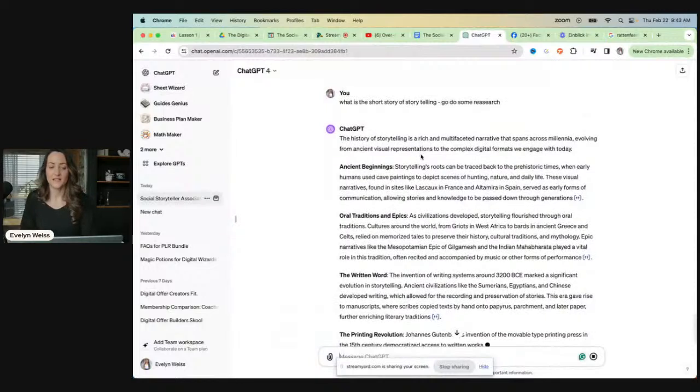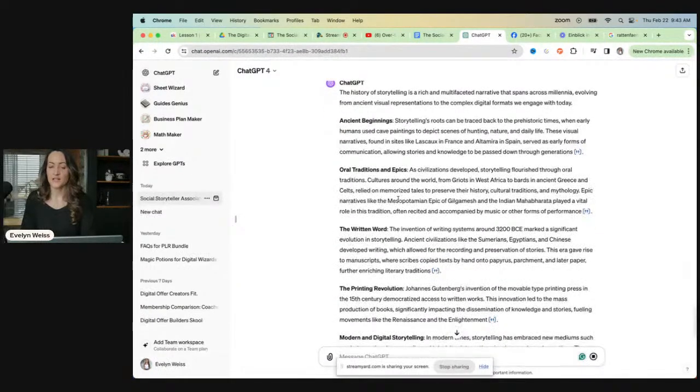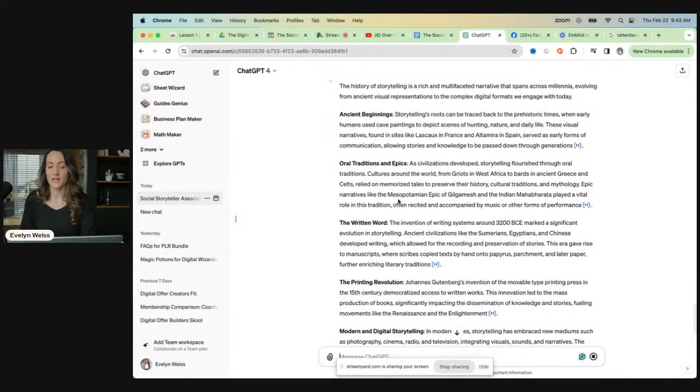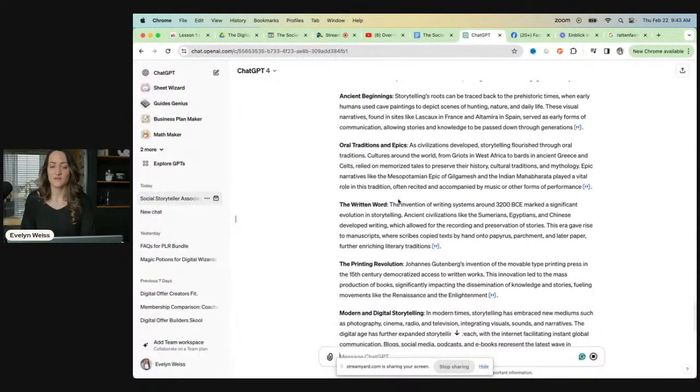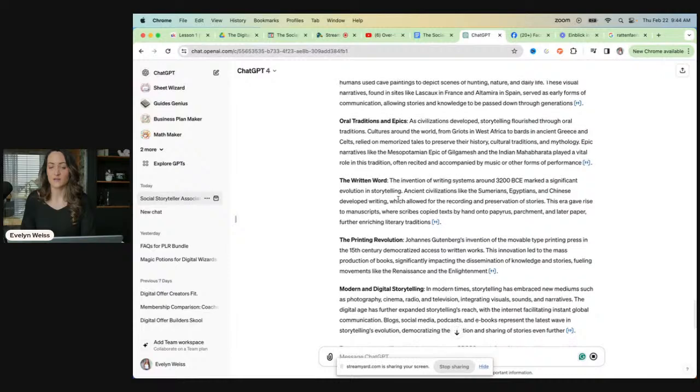Okay, so the history of storytelling is rich and multifaceted. Narrative spans millennia, evolving from ancient visual representation to the complex digital formats we engage with today. Storytelling roots can be traced back to prehistoric times, when early humans used cave paintings to depict scenes of hunting. These visual narratives served as early forms of communication, allowing stories and knowledge to be passed down.